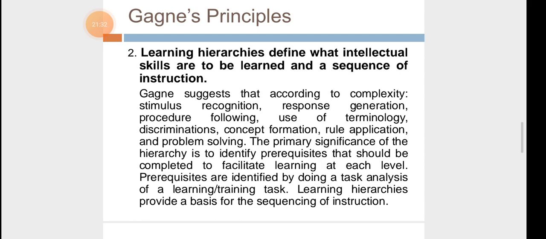The primary significance of the hierarchy is to identify prerequisites that should be completed to facilitate learning at each level. Prerequisites are identified by doing a task analysis of a learning training task. Learning hierarchies provide a basis for the sequencing of instruction.